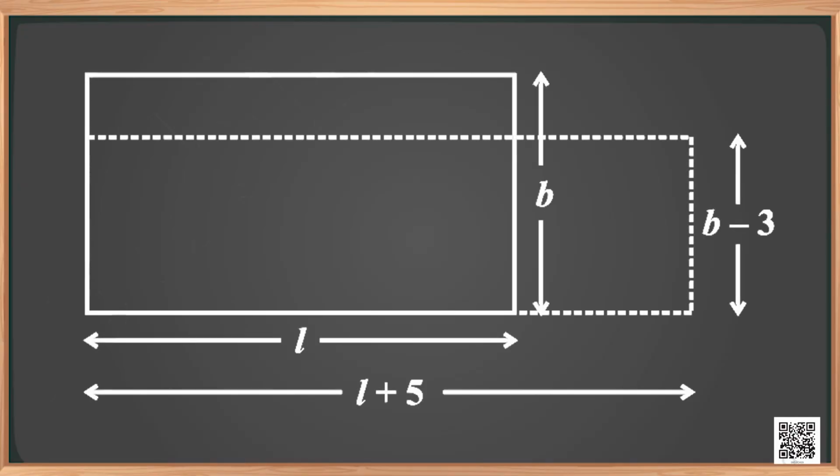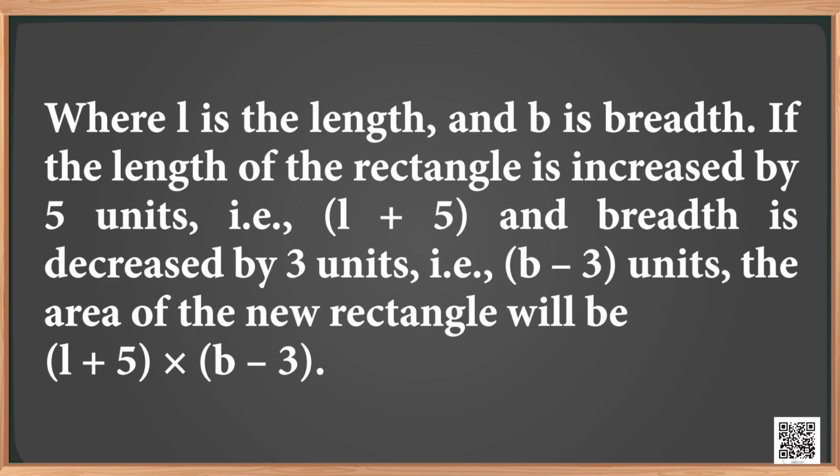Can you think of similar situations in which two algebraic expressions are to be multiplied? Let us consider the following example. We can think of the area of a rectangle. The area of a rectangle is L into B, where L is the length and B is the breadth.